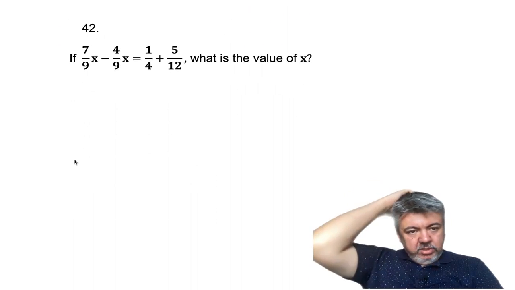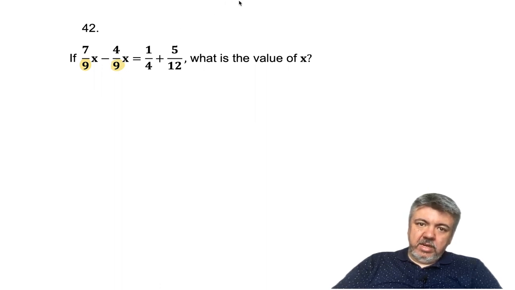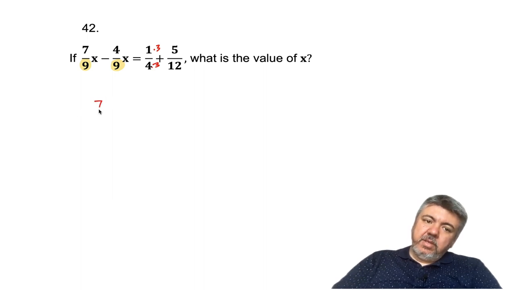Question 42. Okay, it looks a little bit complicated, but look here. We have the same denominators here, but maybe not here. I will expand here by 3. So let me see. 7 over 9 minus 4 over 9x.